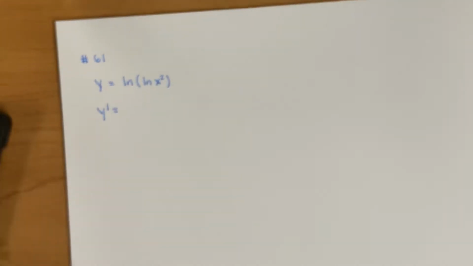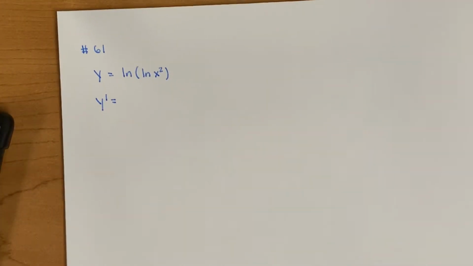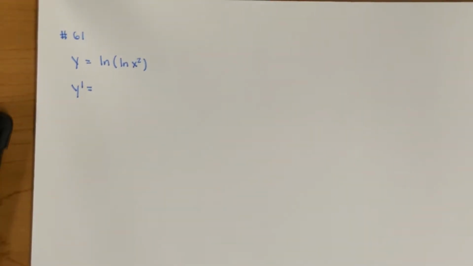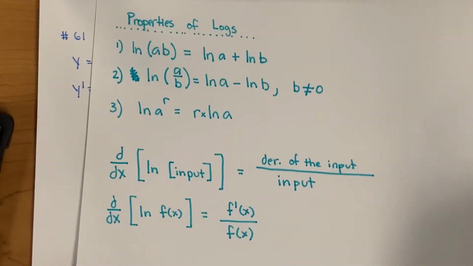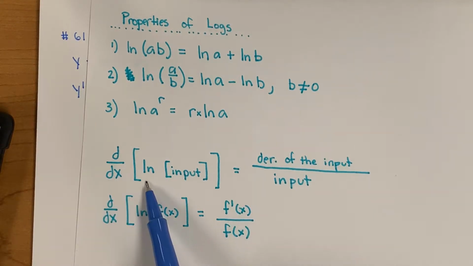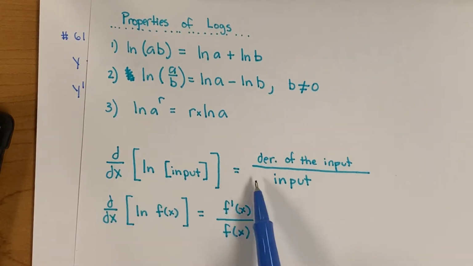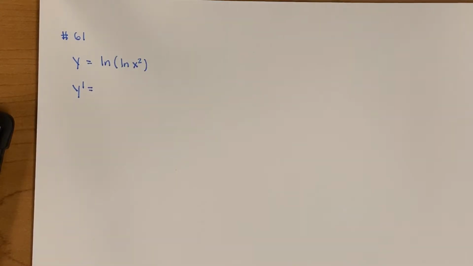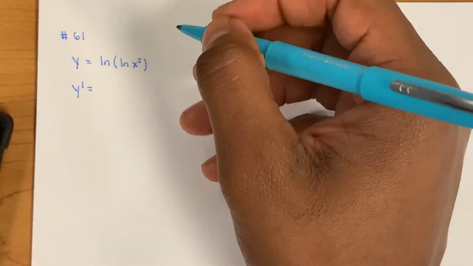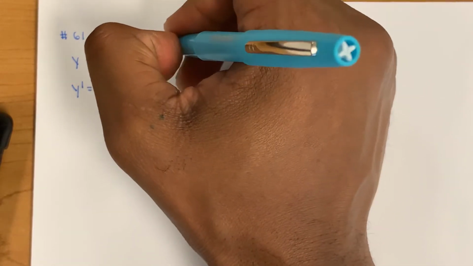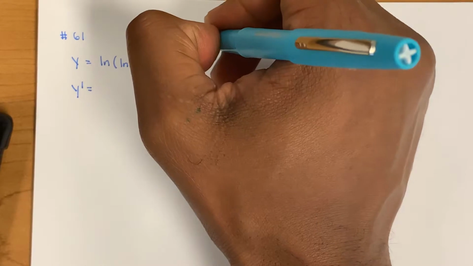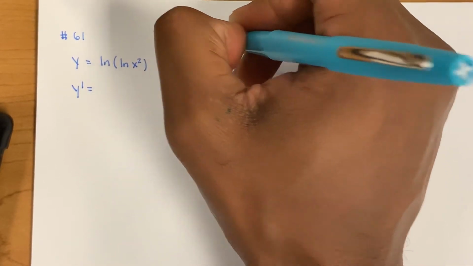So these nested or layered logarithm problems tend to give students trouble, but we're just going to keep applying the consistent concept of the derivative of a logarithm that has an input is the derivative of the input divided by the input. So in this case, our input equals the ln of x squared.